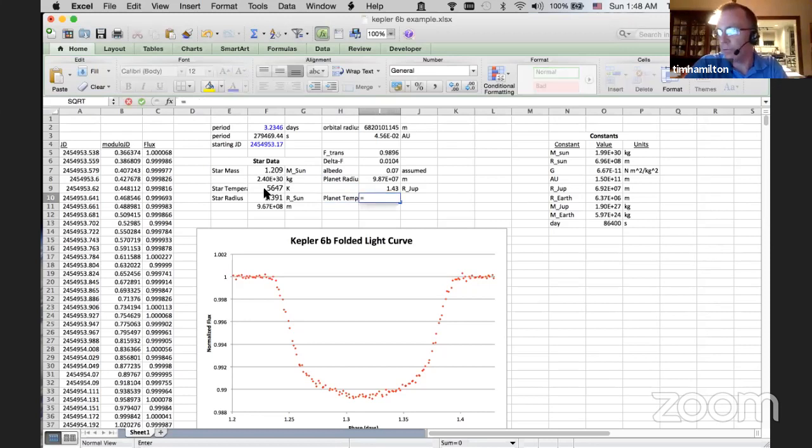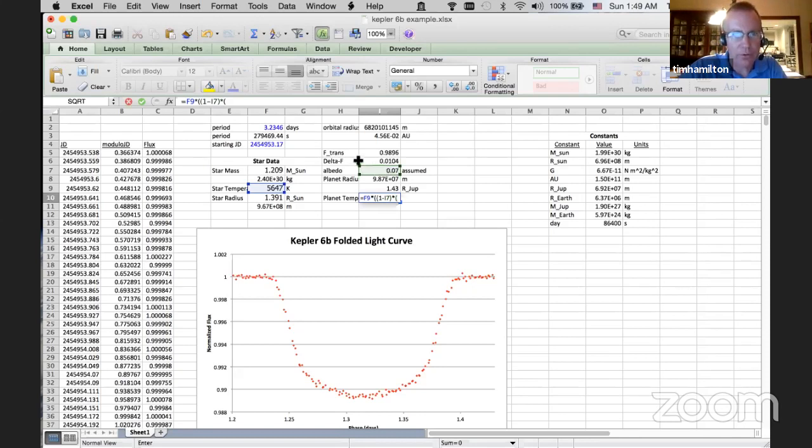Okay, now, so it's equal to the star's temperature times, open parentheses again, 1 minus the albedo, close parentheses, times parentheses again, we take the radius of the star divided by the orbital radius, and we square the ratio.